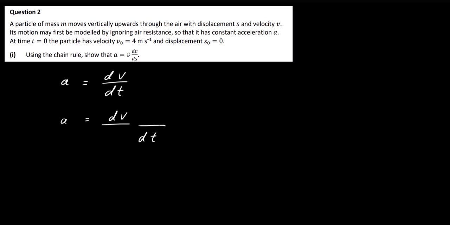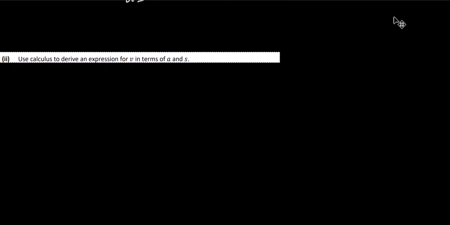Well, we need a ds in this, so I'm going to put ds here and ds here. So dv/ds is what we need in the answer. And then ds/dt, that's the rate of change of displacement with respect to time. That's just velocity. So we're really there. We have velocity there, and then we have dv/ds as well. So that's it. Okay, next question then.